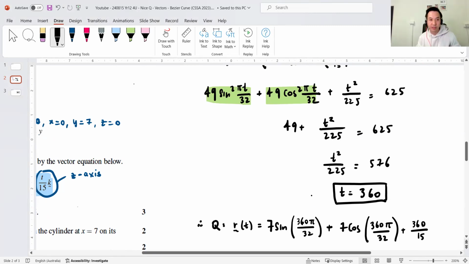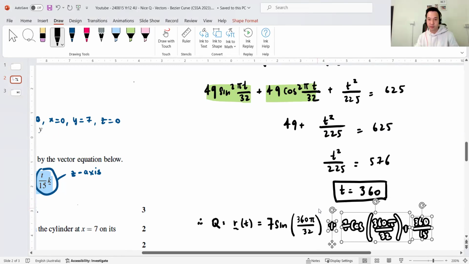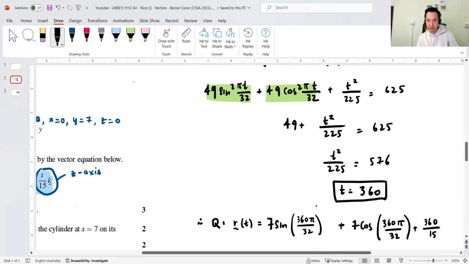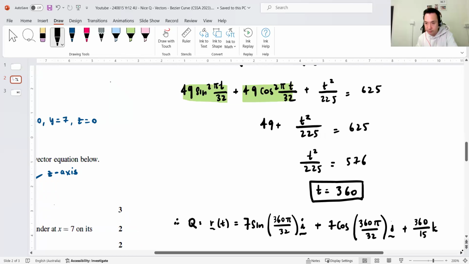Oh, sorry, I forgot the i's, j's, and k's, which leads to my coordinate. So that's i. Just to get the notation right, j and k. Perfect. Now, let's simplify this.